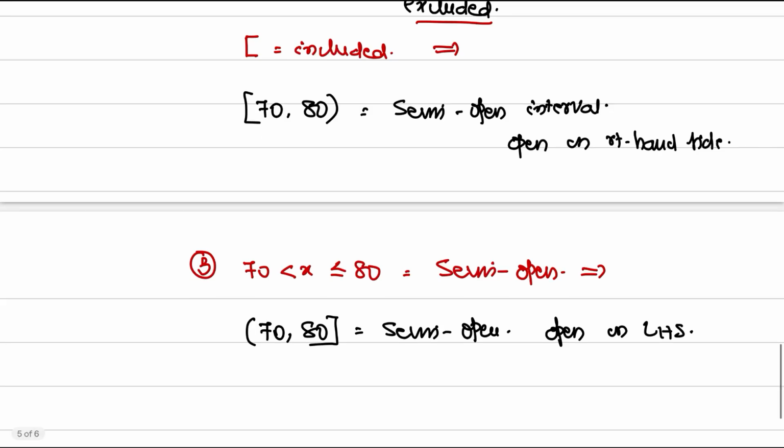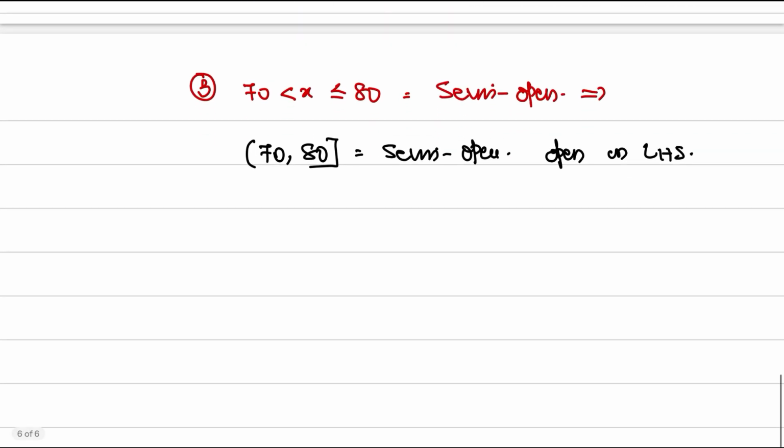Next comes, I want to include both 70 and 80. 70 is less than or equal to x, x is less than or equal to 80. That can be represented as both closed.